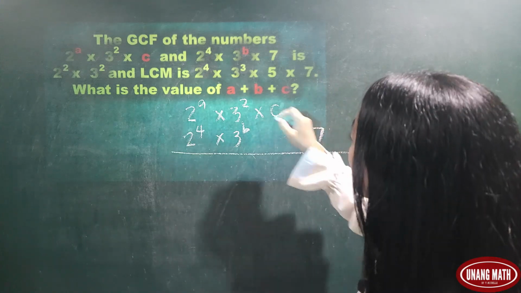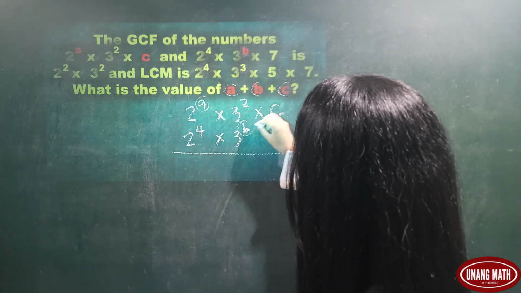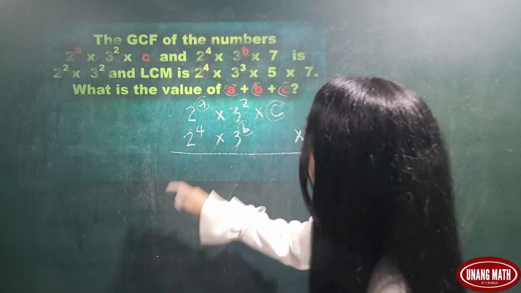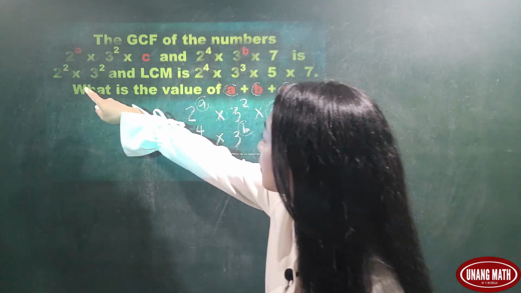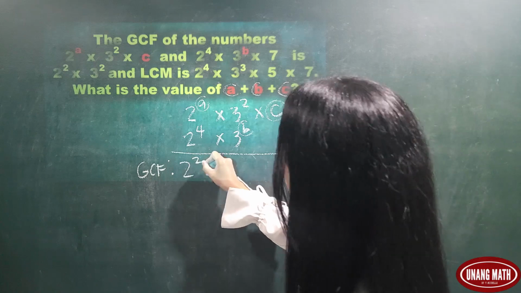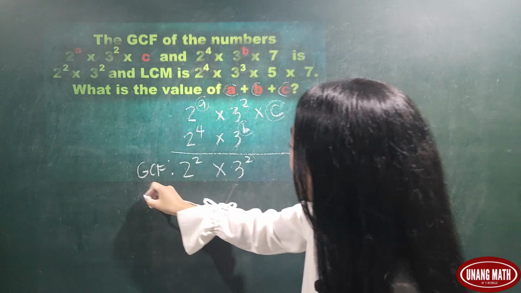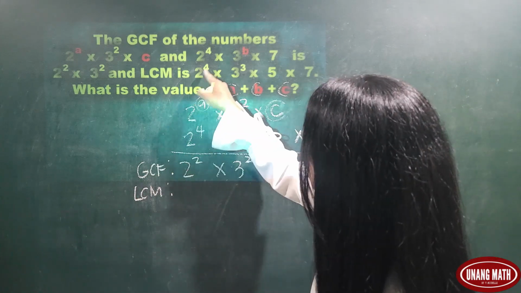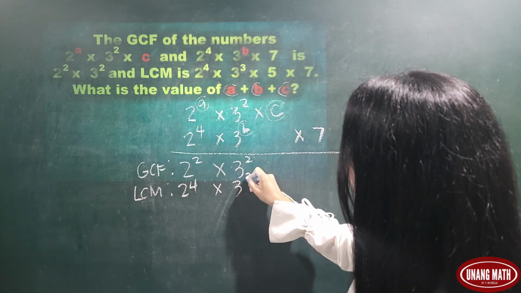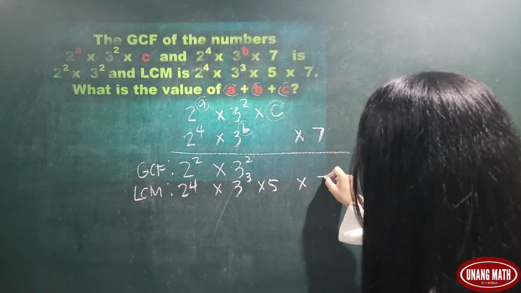We are looking for the values of A, B, and C. In the given problem, the GCF of these two numbers is 2 squared times 3 squared. And the LCM is 2 raised to the power of 4 times 3 raised to the power of 3 times 5 times 7.